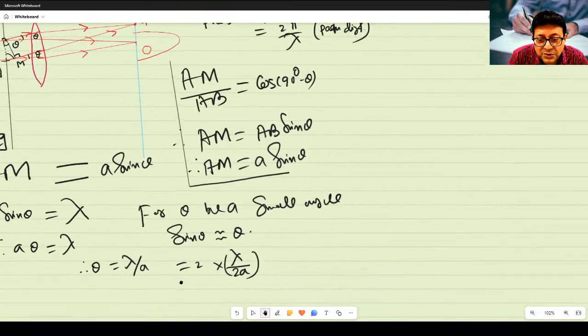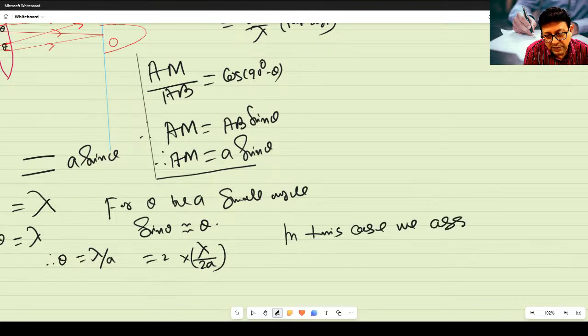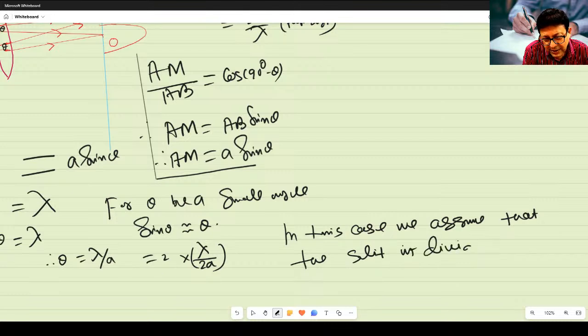In this case, we will assume that the slit is divided into two halves.